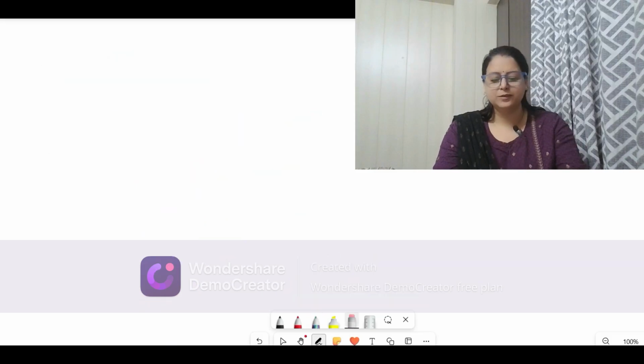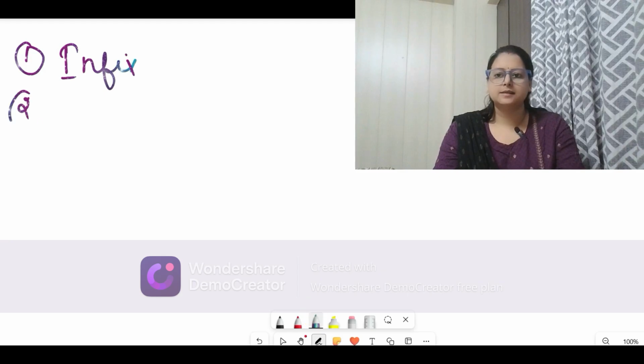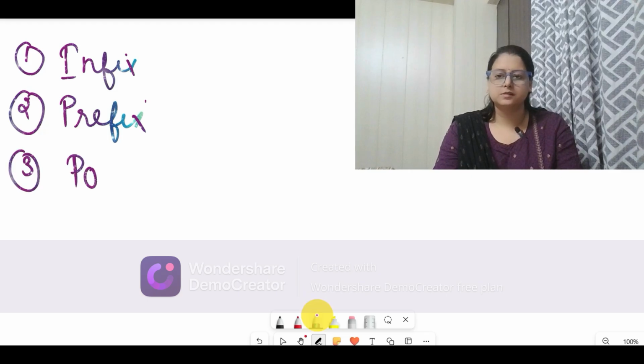Okay, moving towards prefix. First of all, the first form of expressing any expression is infix. Second is prefix. And third form is postfix. These three forms are there.